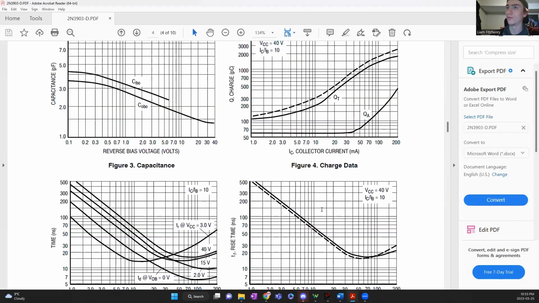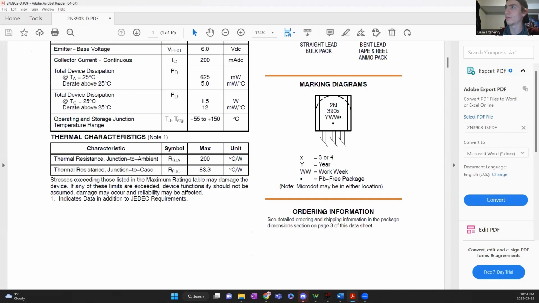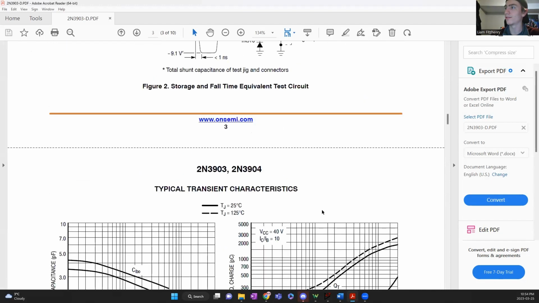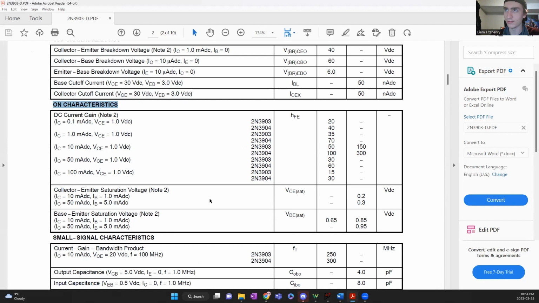So we scroll up to just up here. Of course, I can't find it right now. Here it is. Okay, on characteristics. So we're going to assume that our transistor is in forward active because it always is in small signal analysis. And we're going to go down to our base emitter saturation voltage.